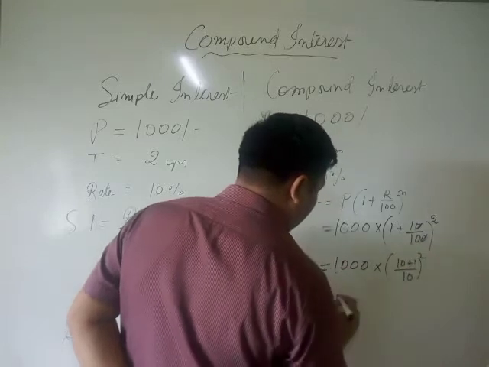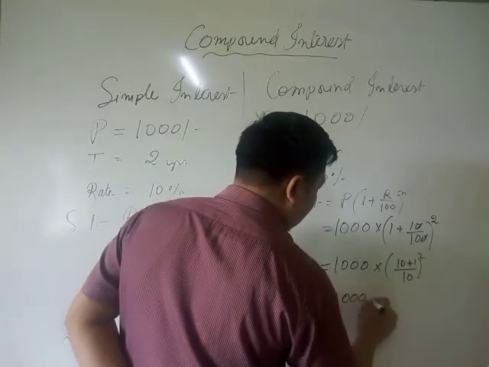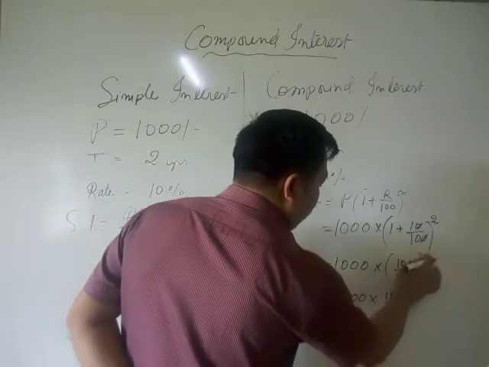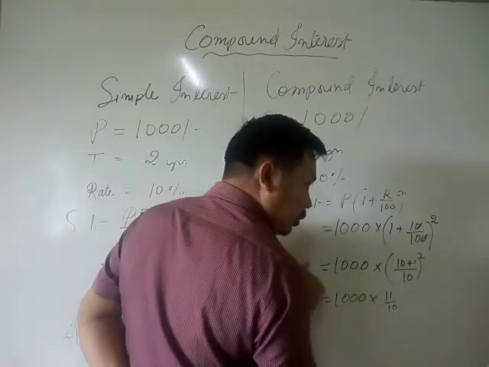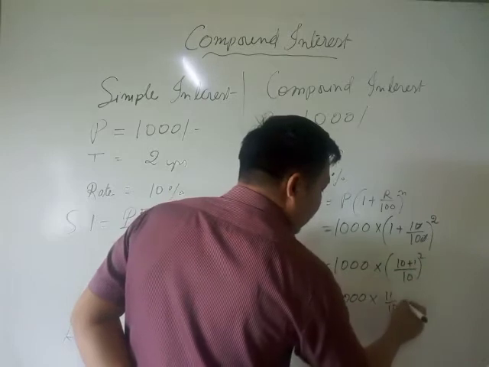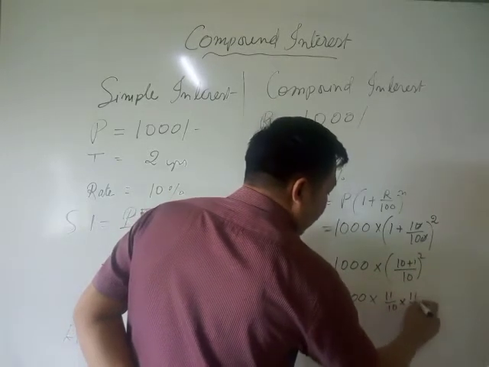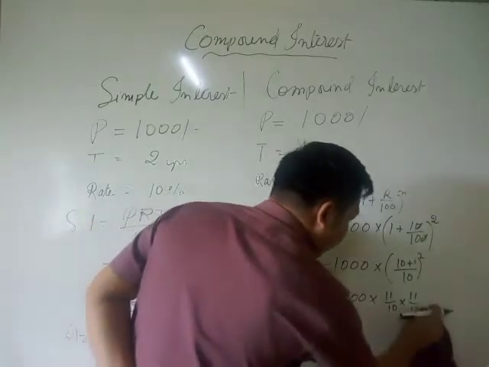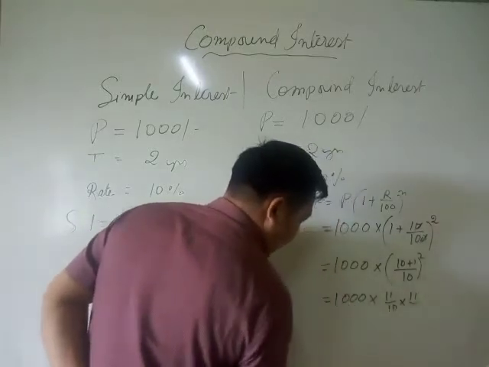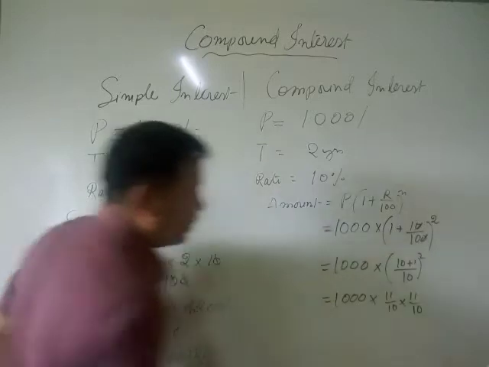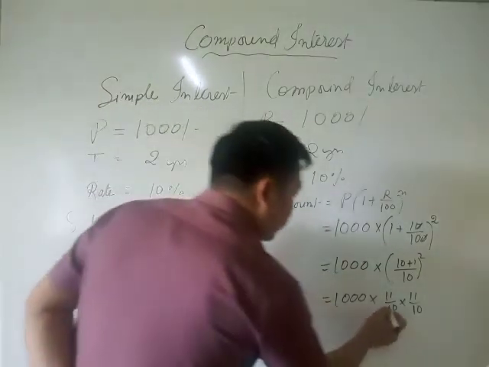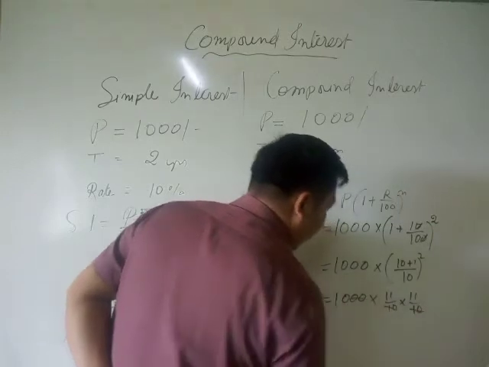That means here 1000 into 11 by 10, to the power 2. Power is 2, so we take 11 by 10 two times. Now these two tens and 2 zeros will cancel.